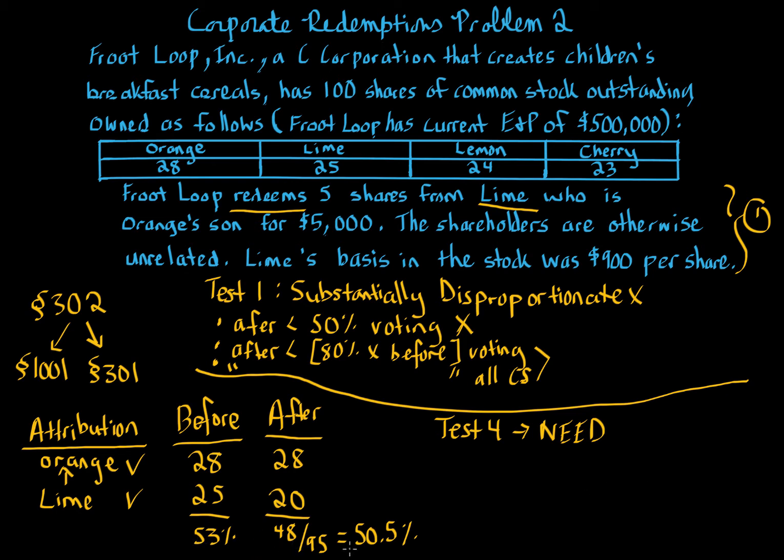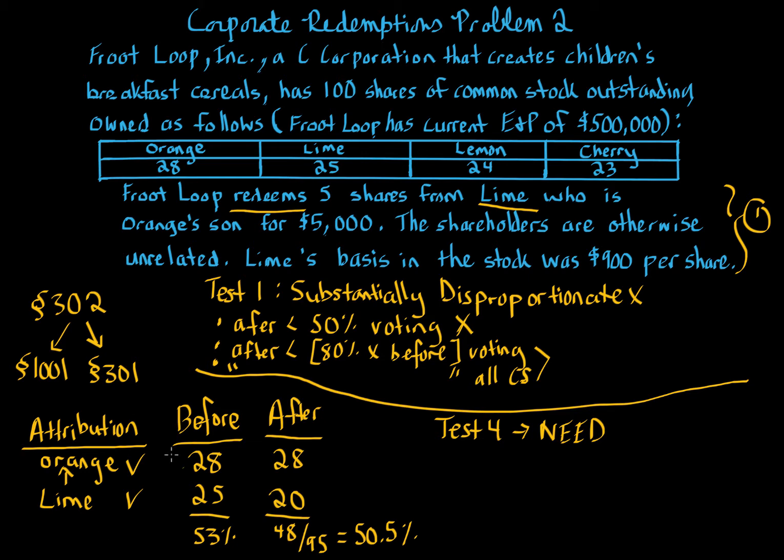Now remember too that this can be very factual and subjective, but we do have 2 revenue rulings that are very helpful. Revenue ruling 75-502 and revenue ruling 76-364. Revenue ruling 76-364 deals with issues of concert, where one shareholder can team up with another one to get ownership.